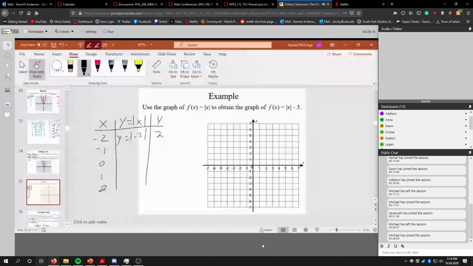Take the absolute value of -2, you get 2. Take the absolute value of -1, you get 1.